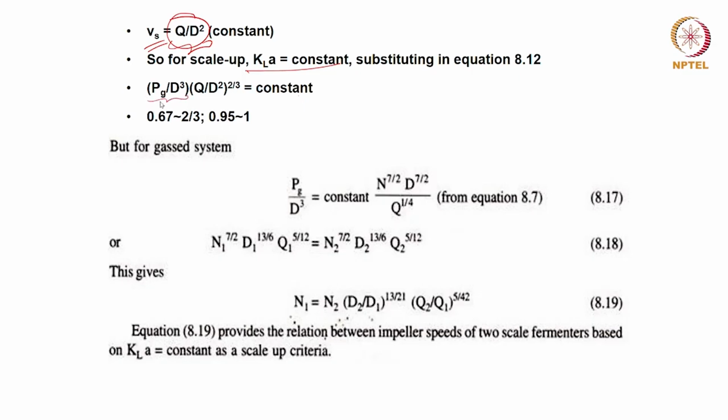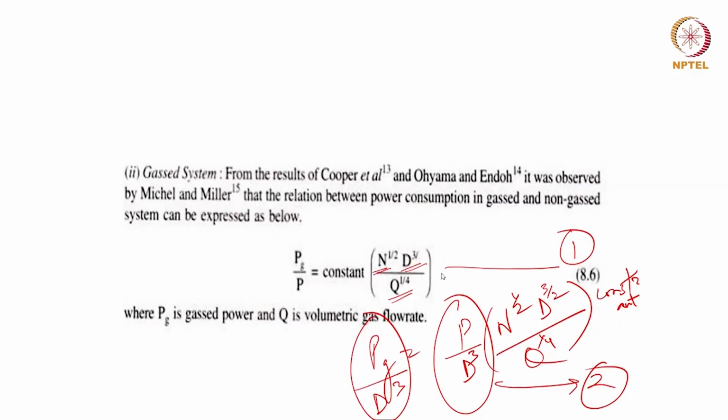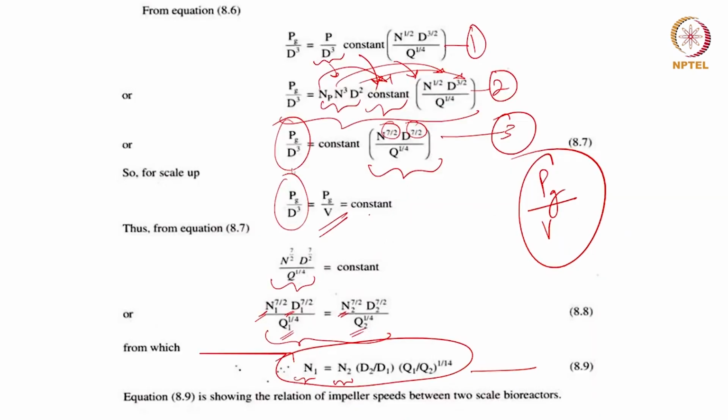this PG by DQ can in turn be written in the form of the operating parameters N, D and the volumetric gas flow rate as shown earlier by this empirical correlation, as shown here in equation 3.